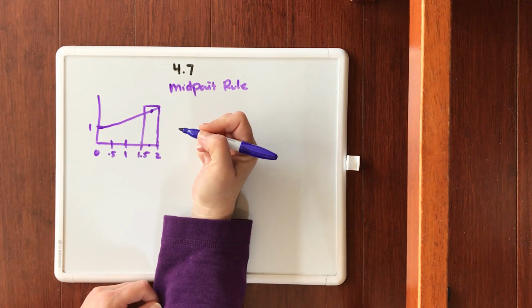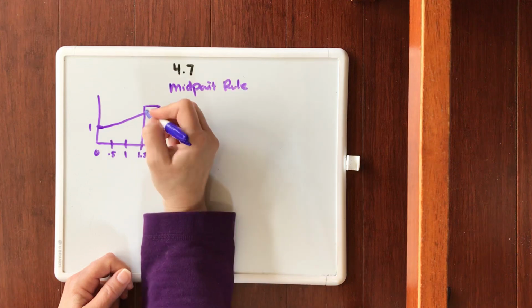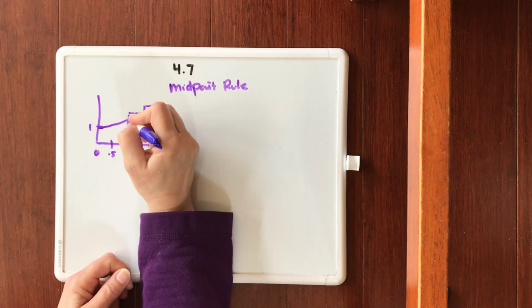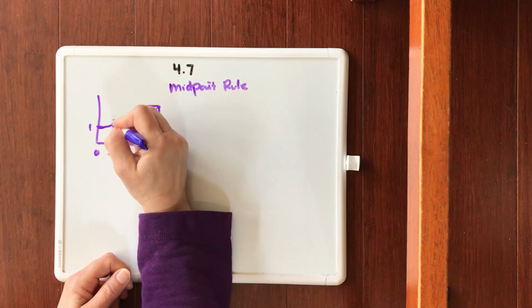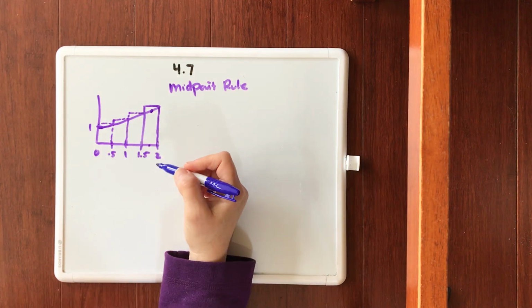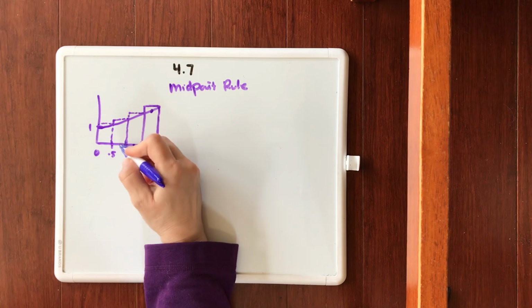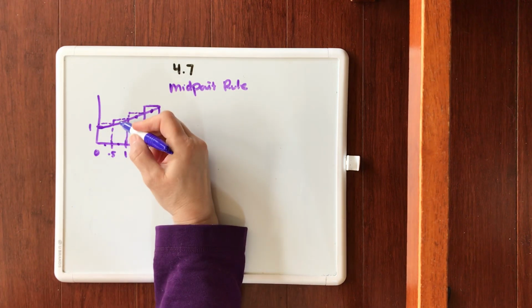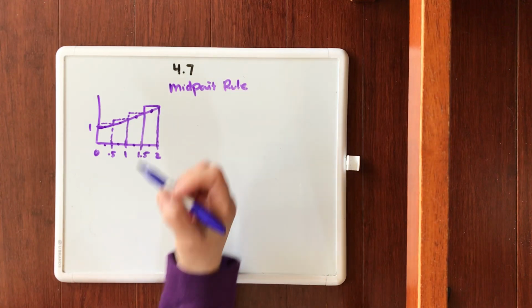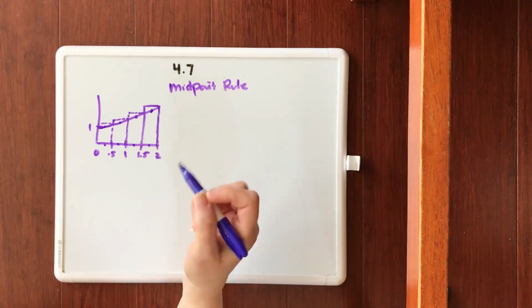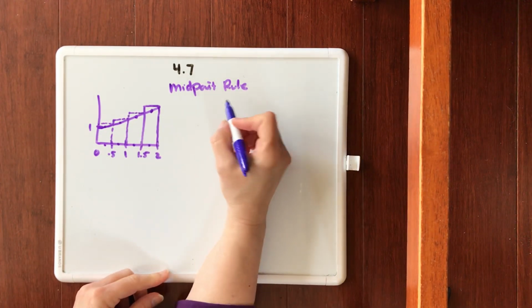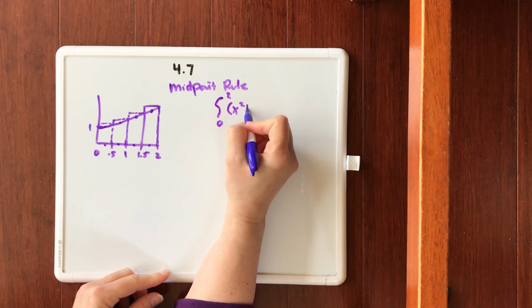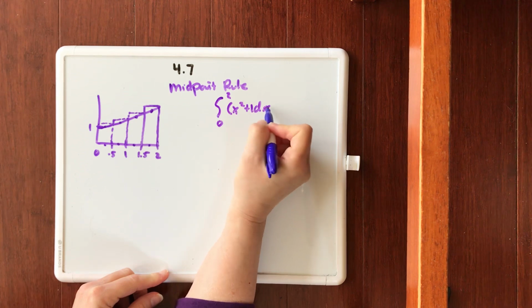Now how do we find that height? Let's draw the pictures and I'll show you in a minute. We're looking for the midpoint in between each of these so that we can use this length to calculate those little rectangles. Once again, we're going from 0 to 2 of x squared plus 1 dx.